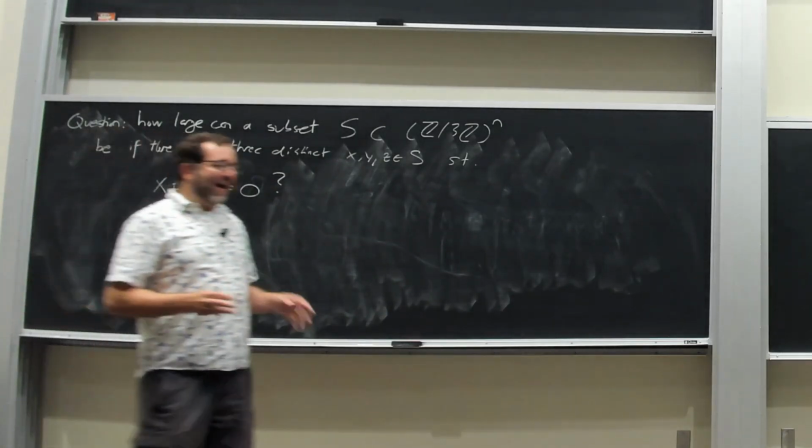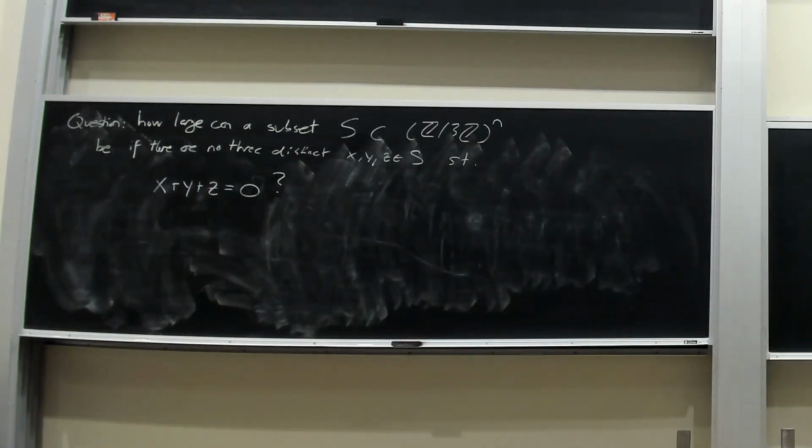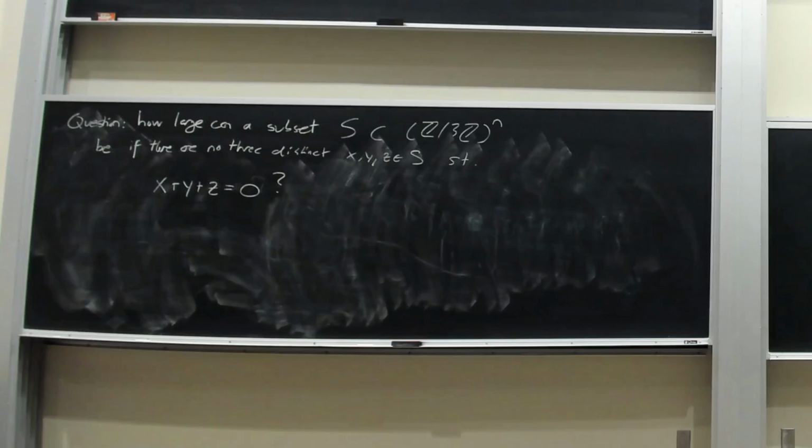You never want to have 3 vectors which sum to 0. So lots of questions arise here immediately. But one thing I want to observe is that this question has many, many equivalent formulations. So I've given you one, and let me say a couple of others.